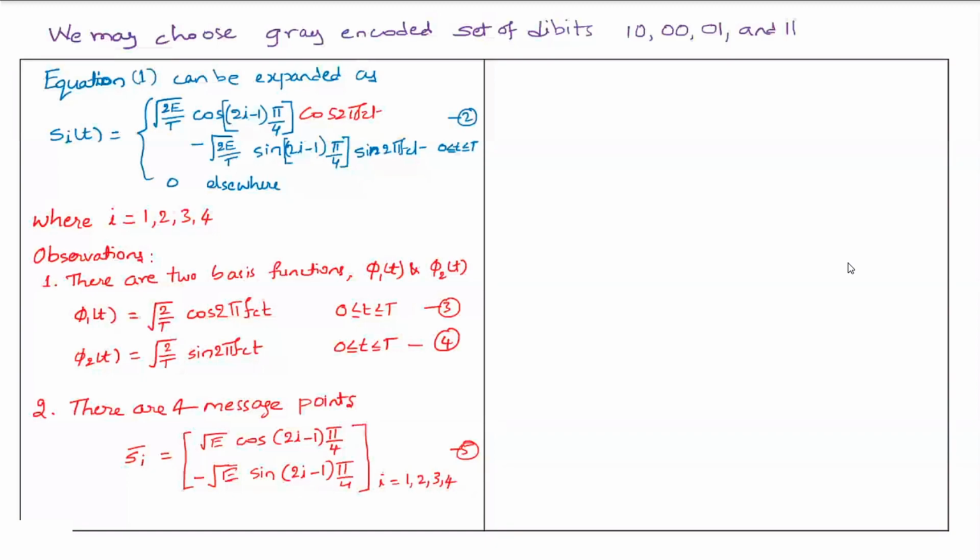That is, vector s_i can be expressed as square root of E cos((2i minus 1) pi by 4) and minus square root of E sin((2i minus 1) pi by 4).